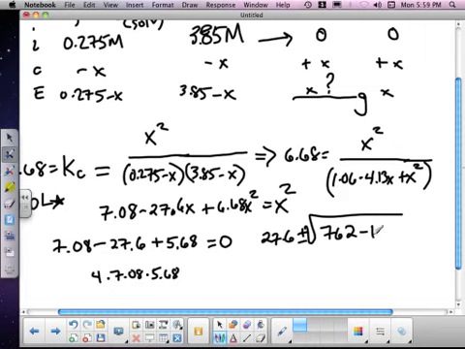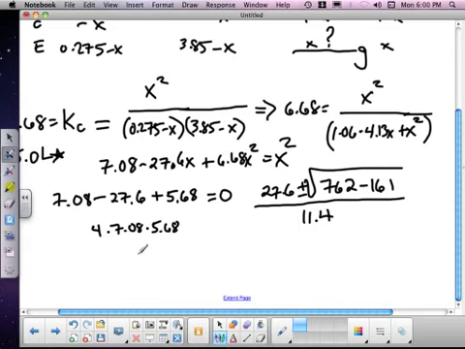All right, so now we're going to take our plus and minus roots. The plus root is obtained by taking 27.6 plus or minus, when I take the square root of that, do my subtraction and take the square root, I end up with 24.5 over 11.4.